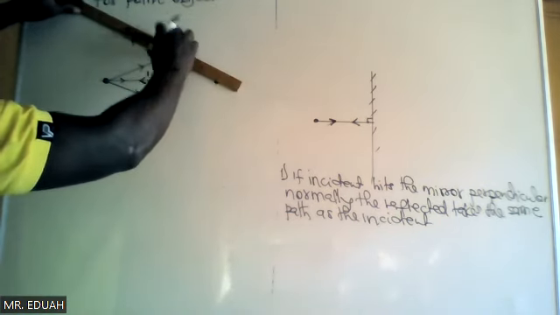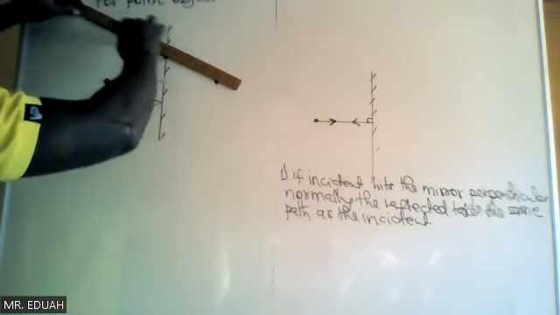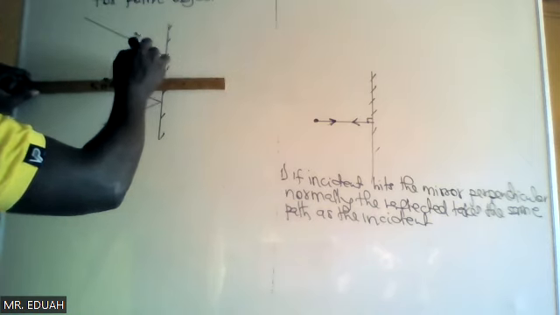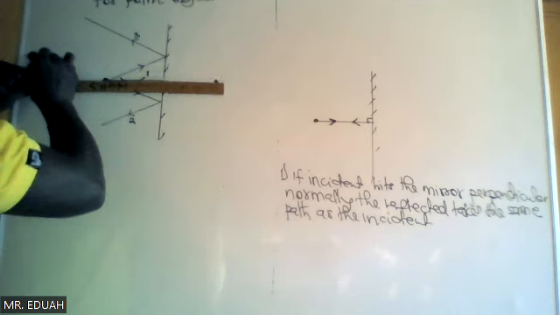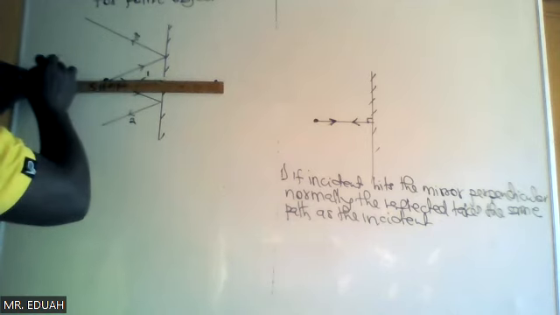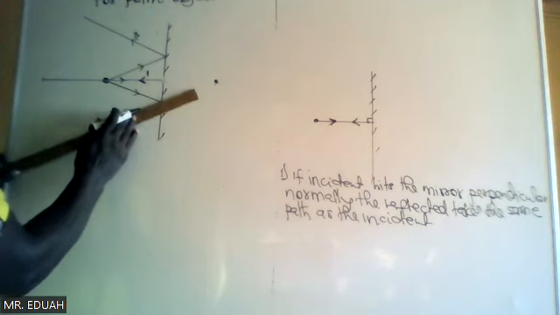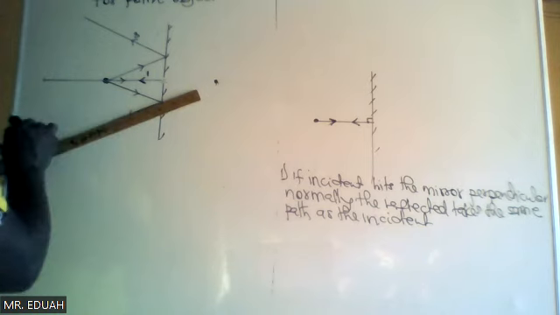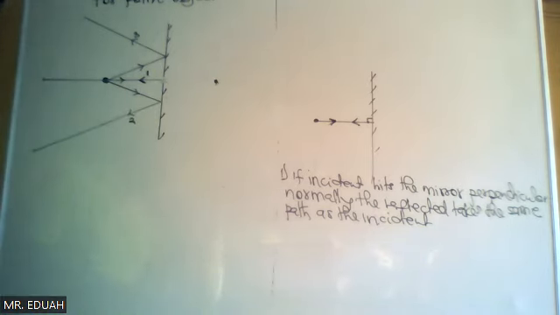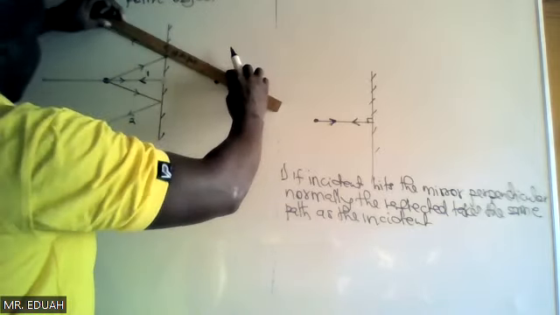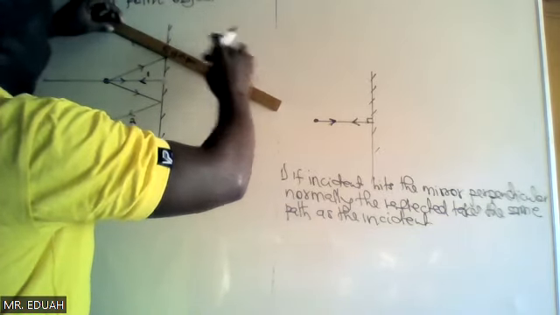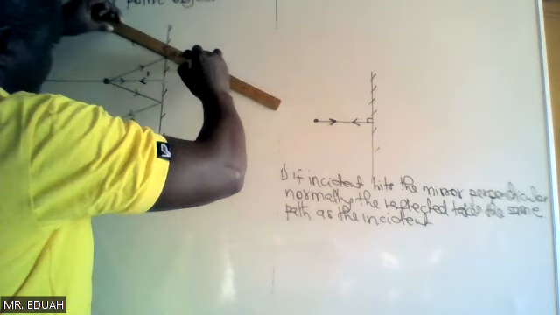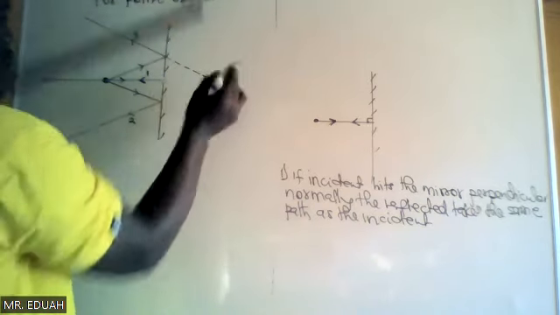I can extend the rays, but they still look like diverging. So there's no way they will meet in front of the mirror, where the object is, to form an image. So what I have to do is extend the reflected rays backward, extrapolate the reflected rays backward. That is why you must trace it to this.